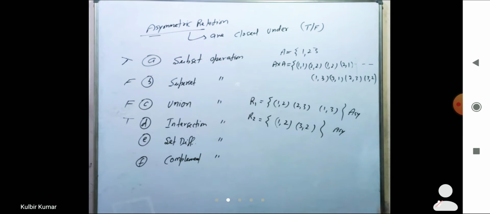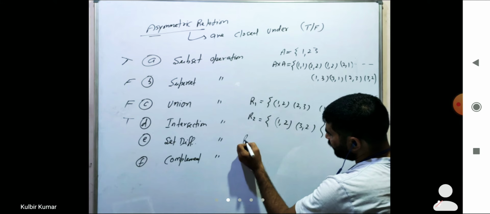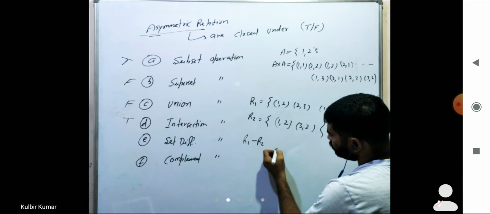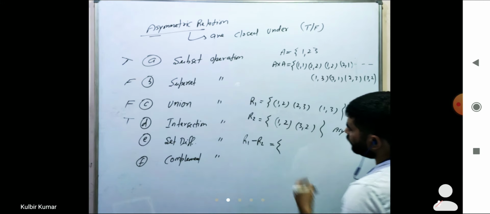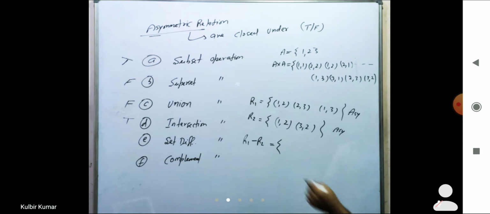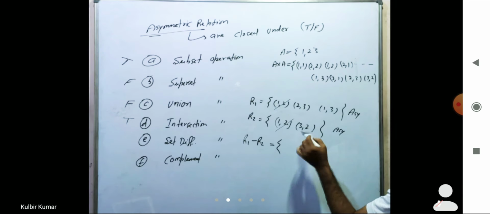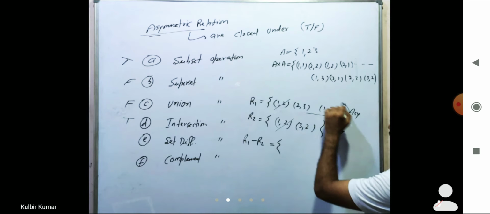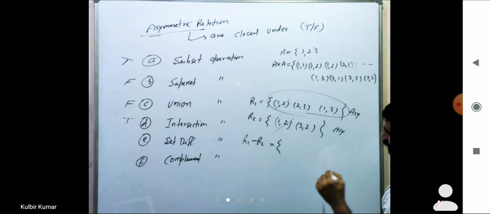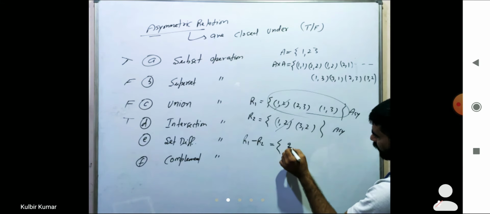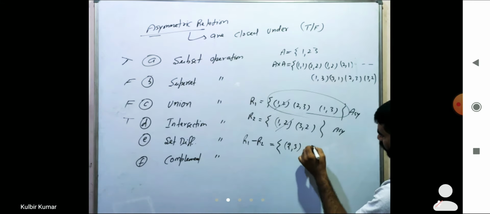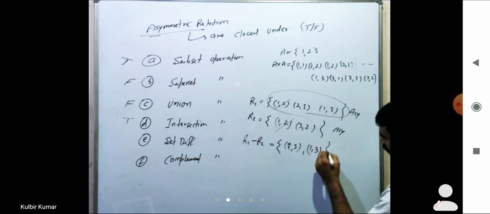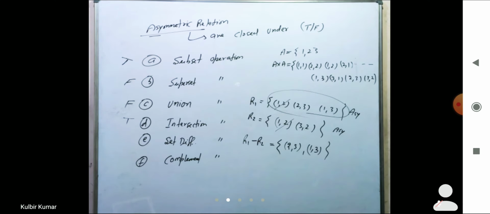And if I take the set difference of this, R1 minus R2, then (1,2) cancels out with this one, and (3,2) does not cancel out. So what remains in this relation is (2,3) and (1,3), right? This is what remains, and after the set difference it is also asymmetric.